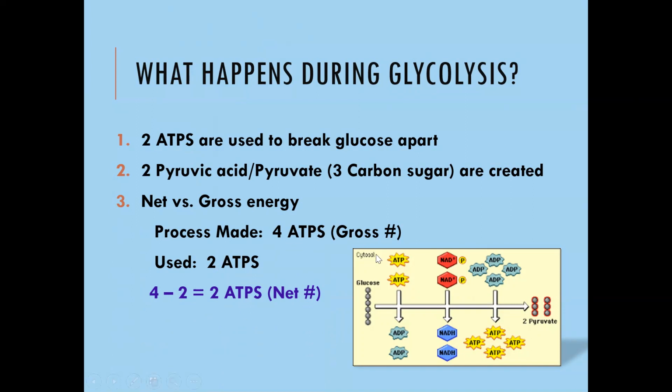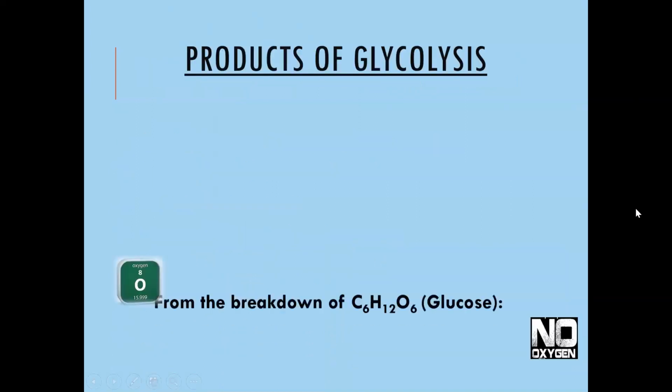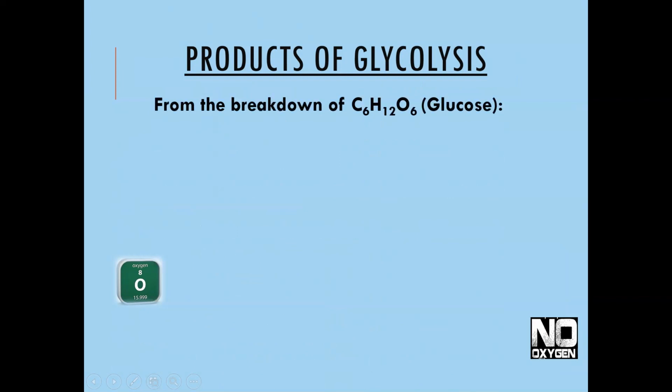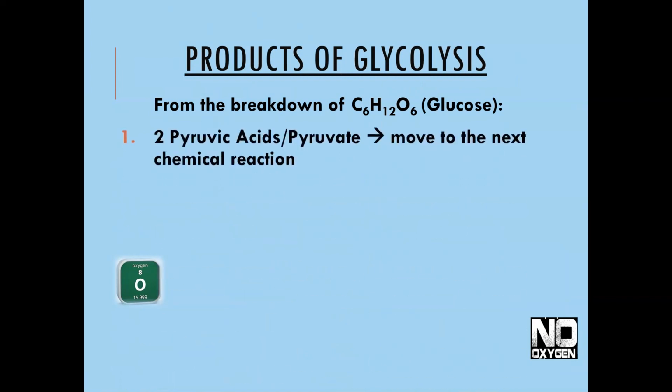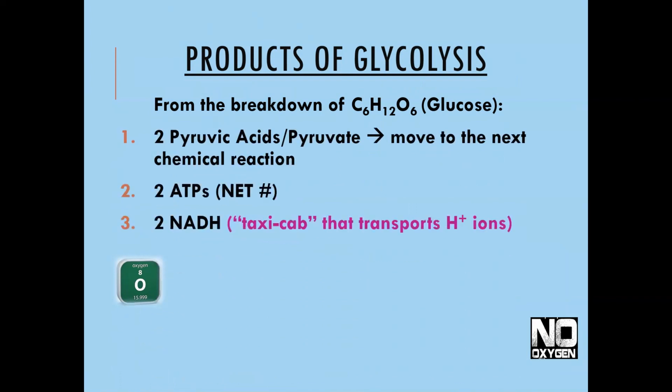All right. So products of glycolysis. From the breakdown of glucose, that molecule right there, the C6H12O6, that is glucose, it's going to break that down and make those 2 pyruvic acids, 2 ATPs net, and 2 NADHs.